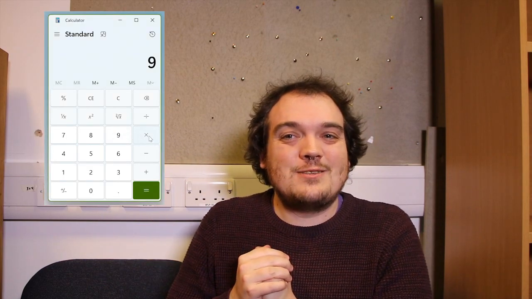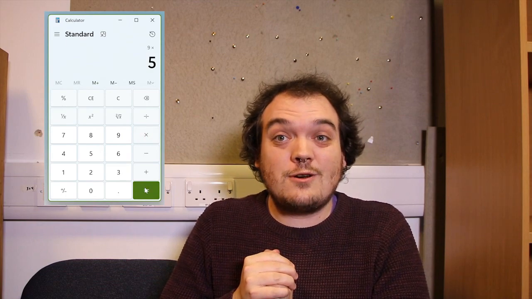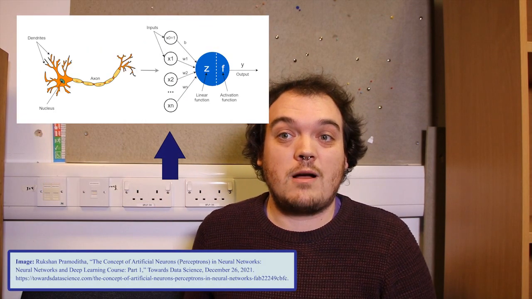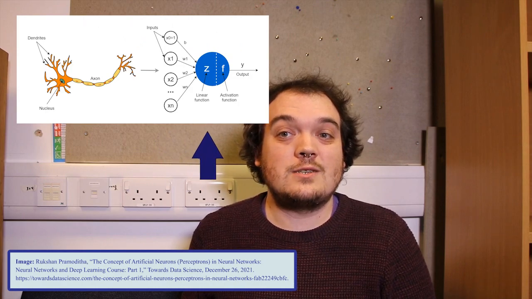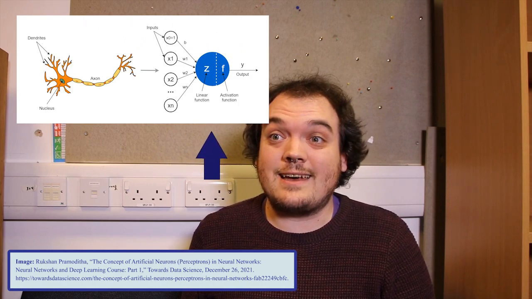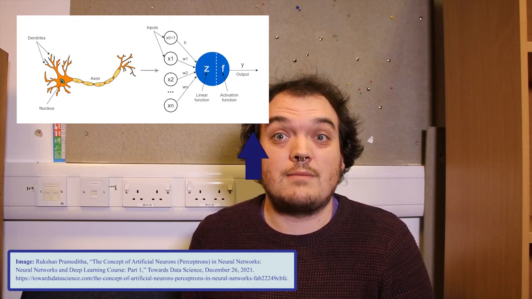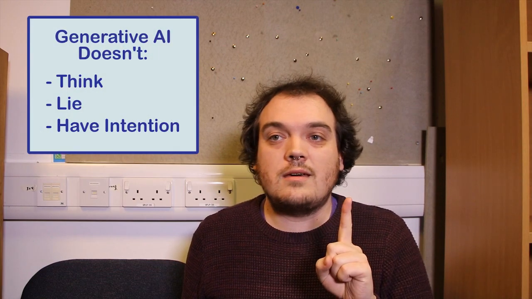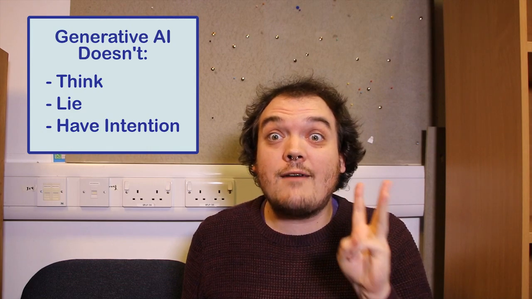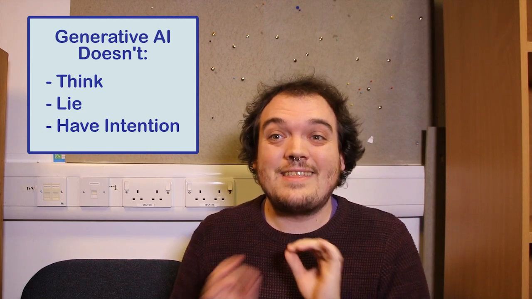Much like how a calculator can provide a solution to a math problem depending on your keystrokes, generative AI tools receive a prompt from a user, process it through an internal system that was developed using training data, and output the most likely response to the prompt according to its established context. In this way, we have to remember that these tools are not people. They cannot think, they cannot lie, and they have no intentions, okay? They're simply responding to your input in the most human-like and expected manner.